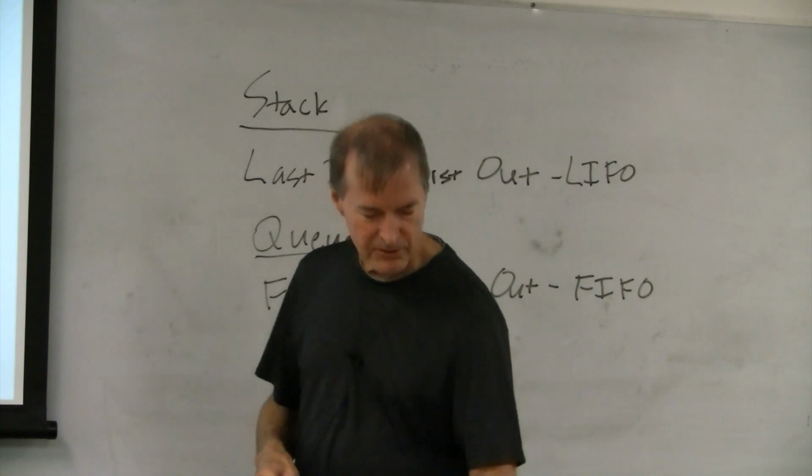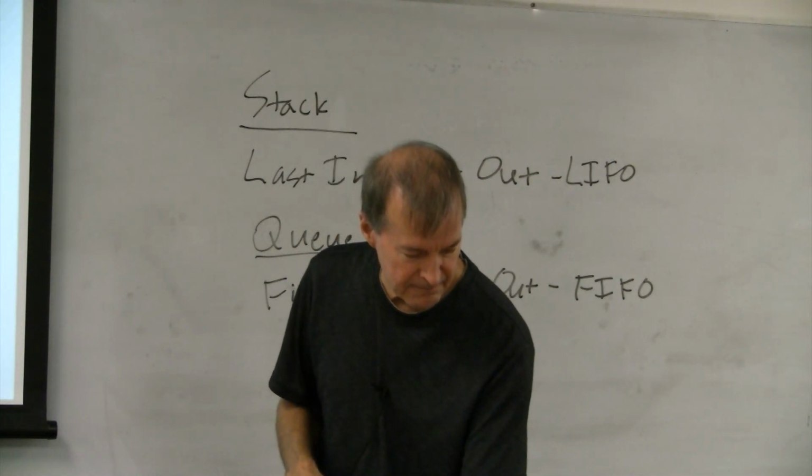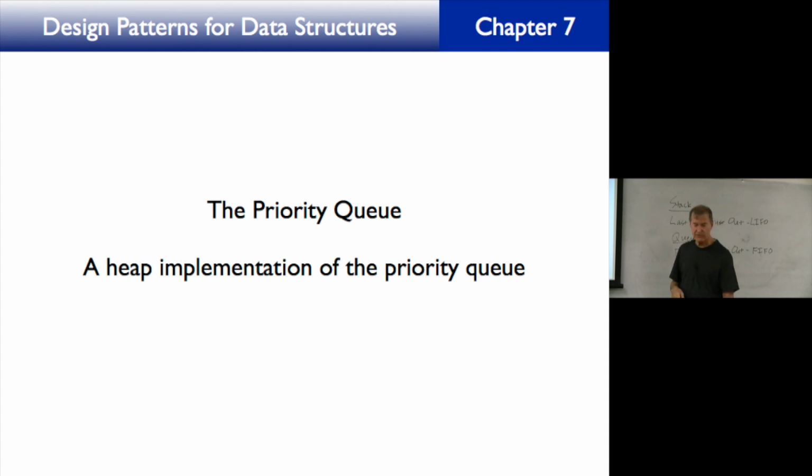Now we do have a few more minutes. Let me just show you this. This is a data structure that we're not going to do. I'm not asking you to implement any of this, but I just want to mention it in passing, and I think I've mentioned it before. It's called the priority queue.